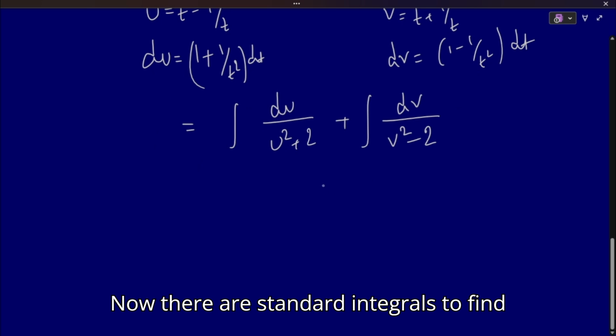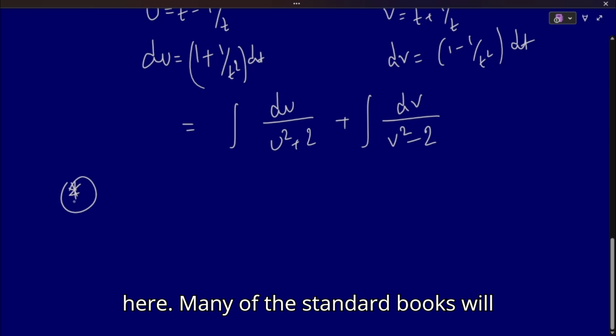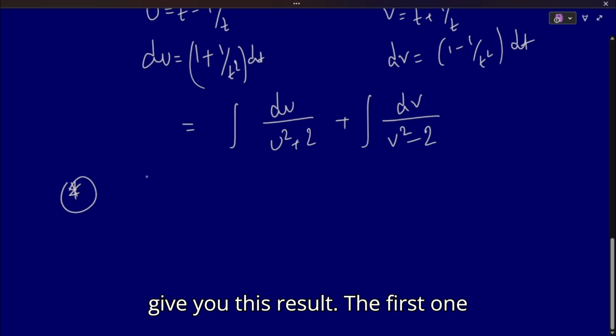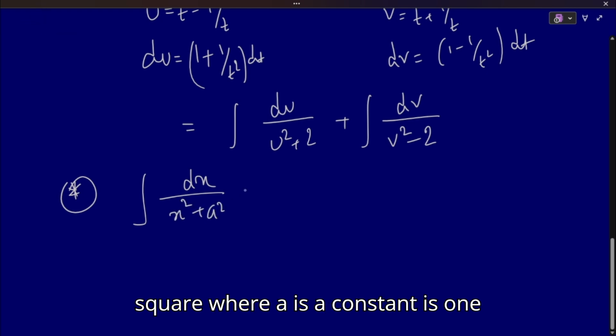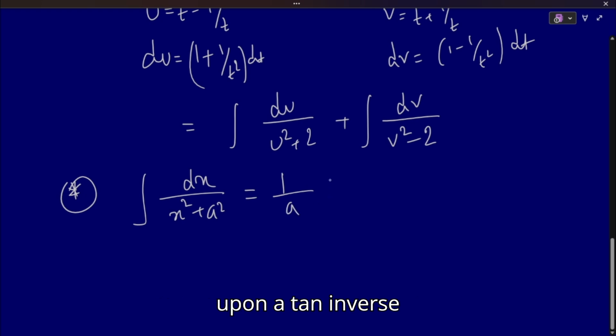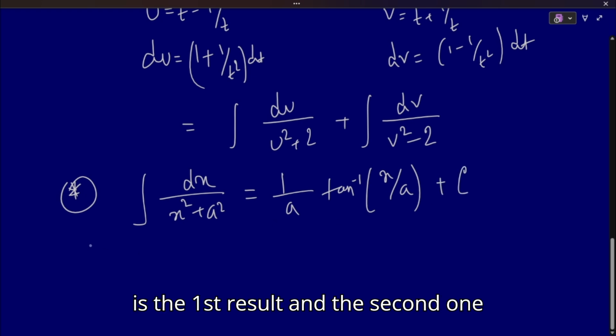Now, there are standard integrals to find this, and I will jot it down right here. Many of the standard books will give you this result. The first one basically is this: integral of dx upon x squared plus a squared, where a is a constant, is 1 upon a tan inverse of x upon a plus c. This is the first result.